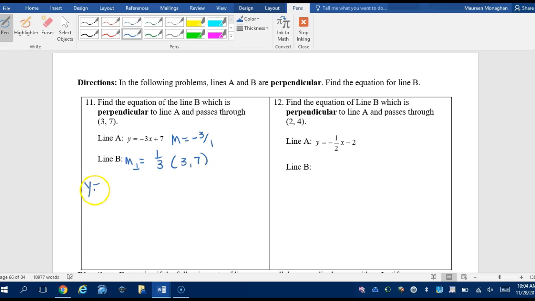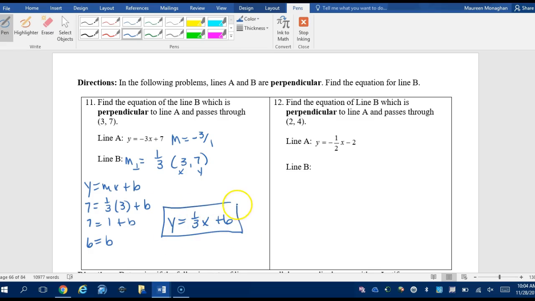Well, we have to go back to the old equation where this is x, that's y, and plug things in. Good. I like it when they make the numbers match, so it makes it easier for us. Makes me a happy camper. B is 6, so y equals 1/3 x plus 6.